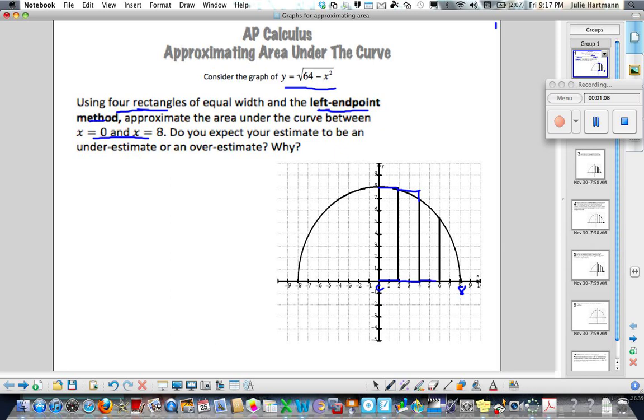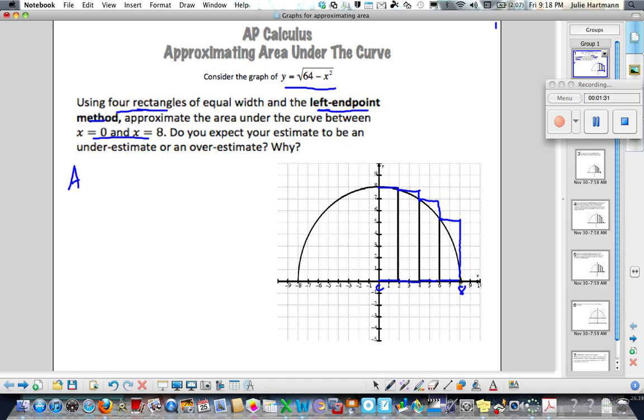And then between 4 and 6, your height starts right here. And then between 6 and 8, your height starts on the left-hand side at 6 and is that rectangle right there.